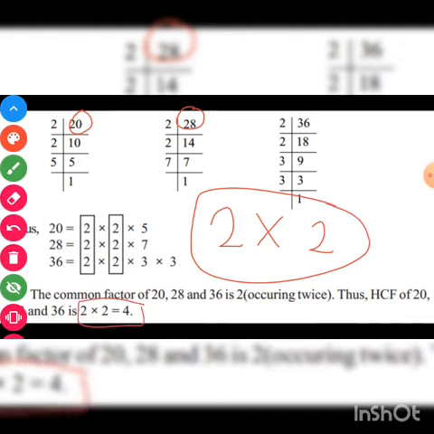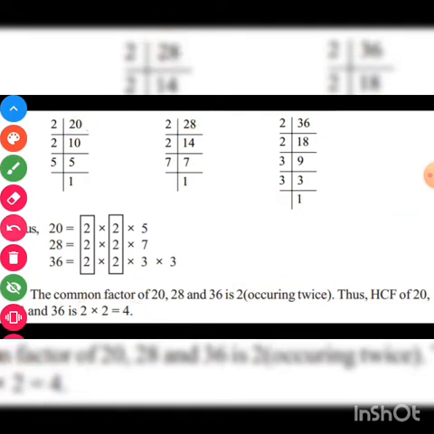Now we will multiply it, and you get the answer 4. So the highest common factor of 20, 28 and 36 is 4. That means 20, 28 and 36 are divisible by 4 exactly. So 4 is the highest number which will divide 20, 28 and 36 exactly.